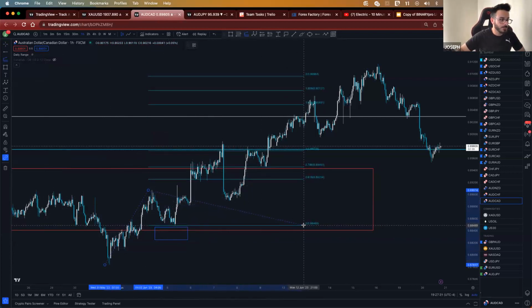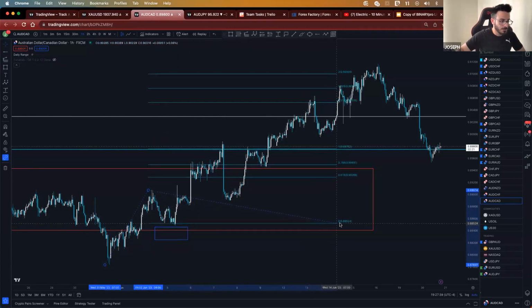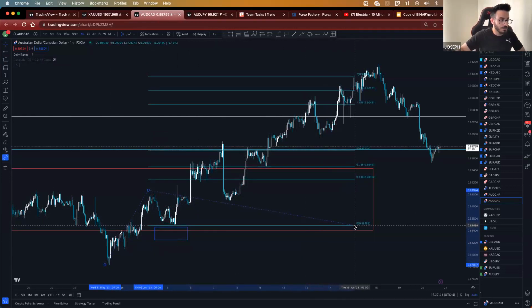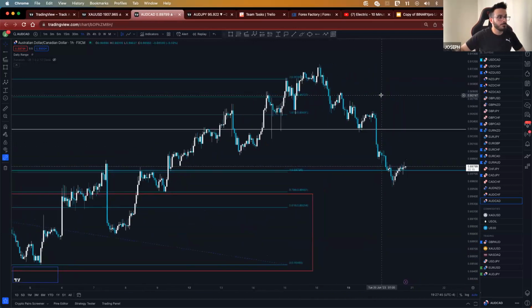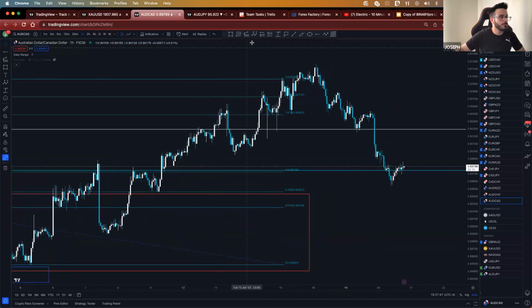Once you put it at the last point here at the correction, you can just extend the Fibonacci extension to here. Why? Because the most important levels for our Fibonacci extension are the last top three.